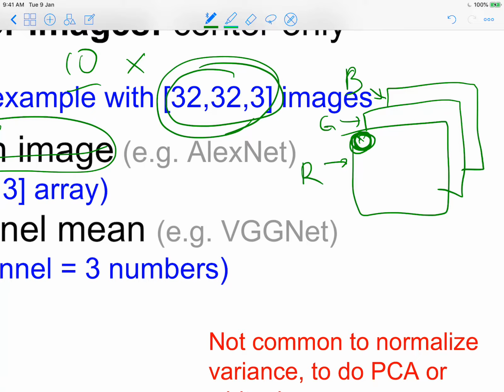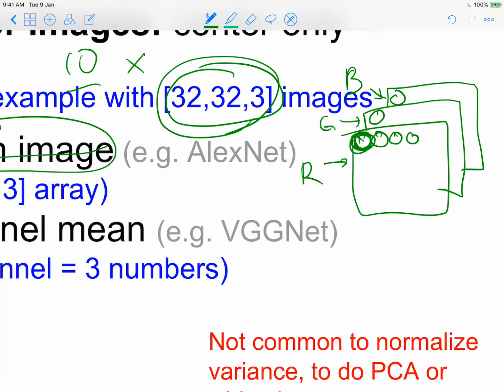And then we can just compute the average of these 10 numbers. So we take this average at each position and also at each channel, right?